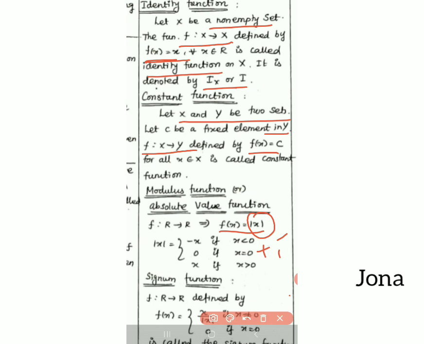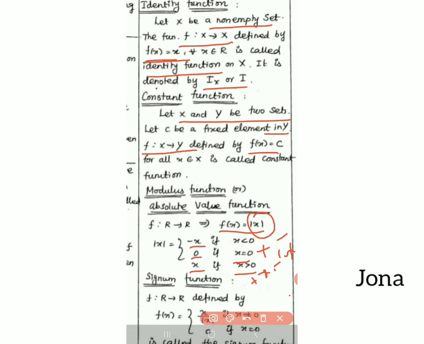That modulus of x is nothing but plus x and minus x. So modulus of x equal to minus x if x less than 0, equal to 0 if x equal to 0, equal to plus x if x greater than 0. Just think of the number line. If it is less than 0, the value will be minus. If it is equal to 0, there is only one value, 0. If it is greater than 0, we have plus value, that means plus x here.